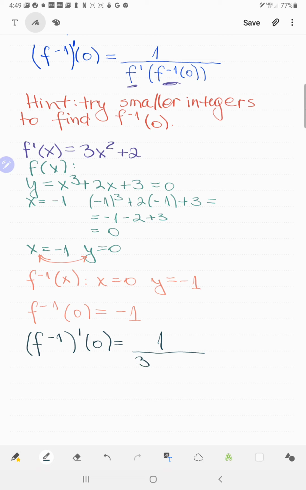But instead of x, we plug in the inverse of 0. So we'll plug in -1 squared plus 2 and solve it, which would give us 1 over 3 times -1 squared, which is just 1, plus 2, and the result would be 1/5.